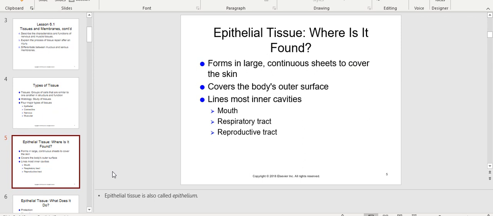Epithelial is found, basically here we're talking about the skin. It lines all of the skin covering the body, and we've also got some in the mouth, respiratory tract, and also the reproductive tract as well.